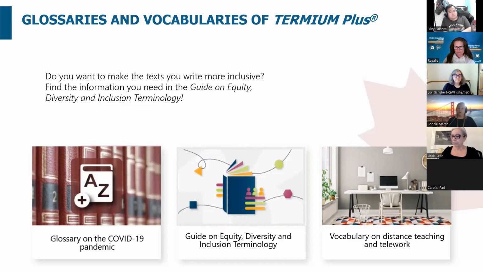For example, if you're looking to get a gist of the way things are said in a specialized field, then going through a glossary or vocabulary is a great idea, because you can see a whole lot of concepts along with their equivalent in French or English. And if you're looking for a particular term, if you want to pinpoint one term, then maybe using Termium Plus might be a better solution if you want a quick answer.